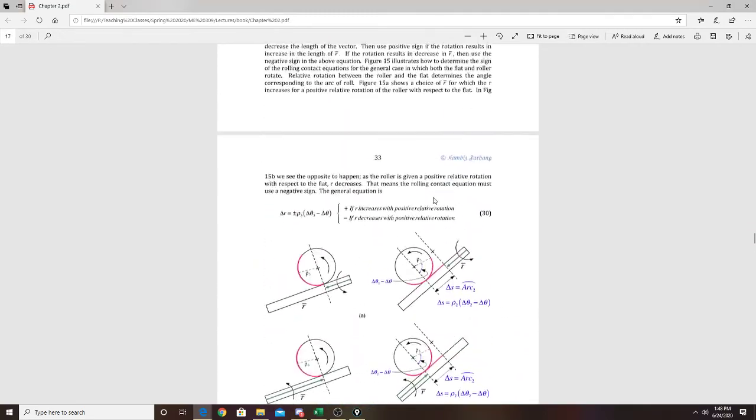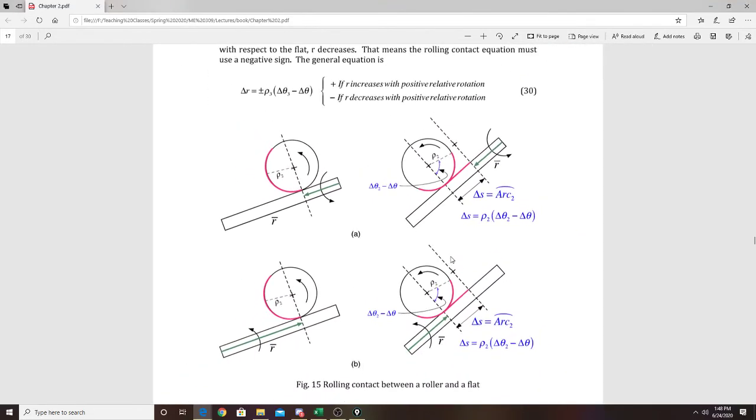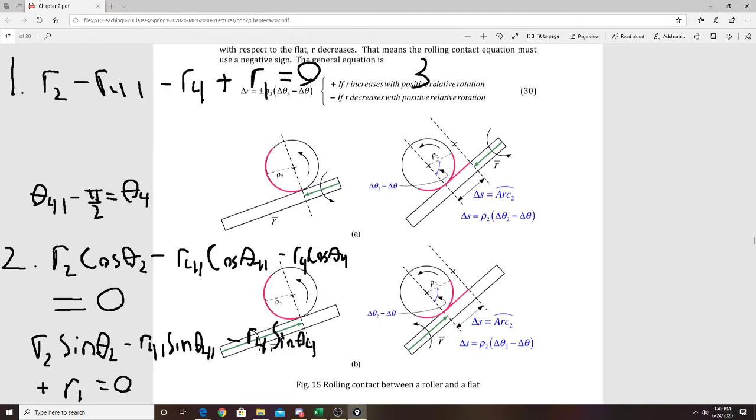So right here is the one that we're looking at. Remember, the angle is changing on the bottom, and it's also changing on here. So essentially, how this one is written is, we have the change in R, so delta S, so delta R4.